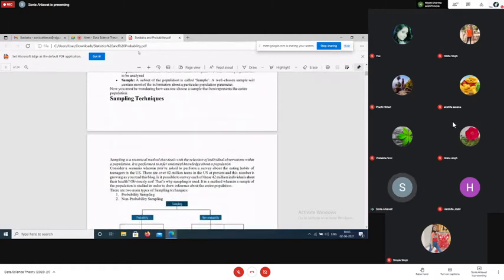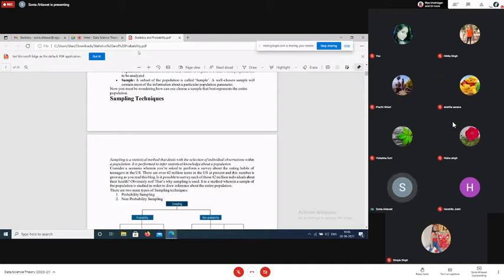Now there is something called sampling technique. Can anyone tell me what we mean by sampling? We had studied a bit about what sampling is, but what exactly do we mean by it? Ma'am, sampling is that from an entire population, we are selecting particular observations. Okay, so basically from the entire population, we are taking a subset of the population.